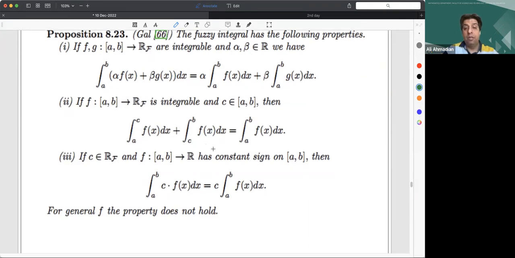And so the last one is this one. If C belongs to the fuzzy numbers, the space of fuzzy numbers, please pay attention. And F has constant sign, meaning it doesn't change sign over the interval.